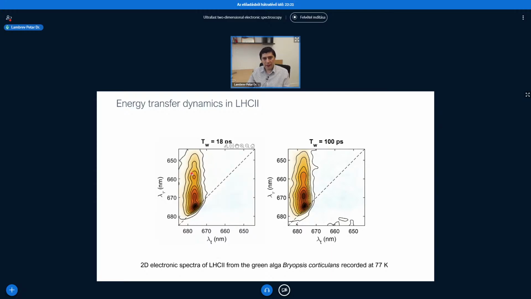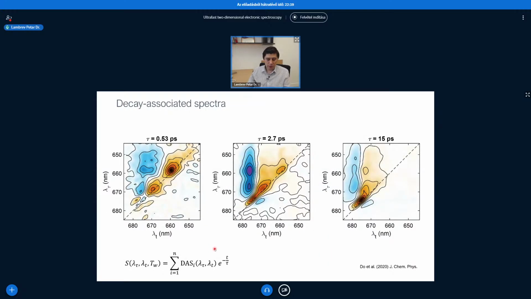So then we can analyze those data in terms of various models. The simplest is what's called global analysis. We fit a multi-exponential function to the kinetics, and then we get lifetimes of energy transfer, characteristic lifetimes, and what are called decay-associated spectra that show us different states that disappear and different states that appear on certain timescales. So you can get a rough picture of what is going on in different timescales.